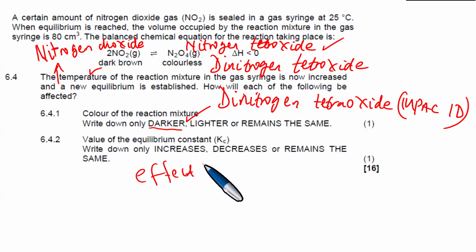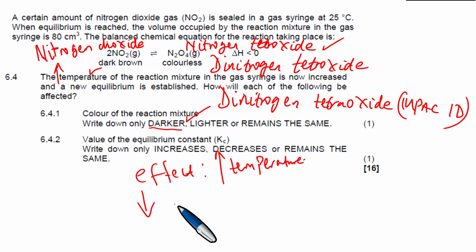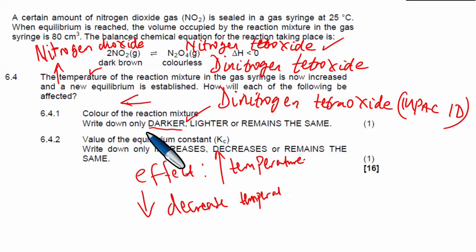The effect is the increase in temperature, so the reaction favored is the one that will decrease the temperature. That is the reverse reaction, because it is endothermic and absorbs heat, and therefore the reverse reaction is favored.